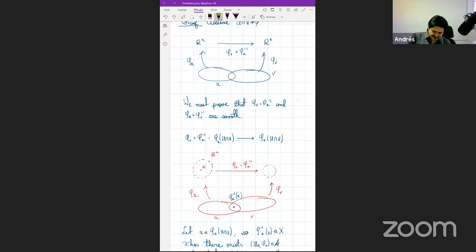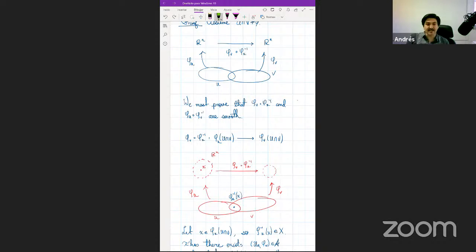So I have this point, that is this one. And now here is where we use the hypothesis of the atlas.